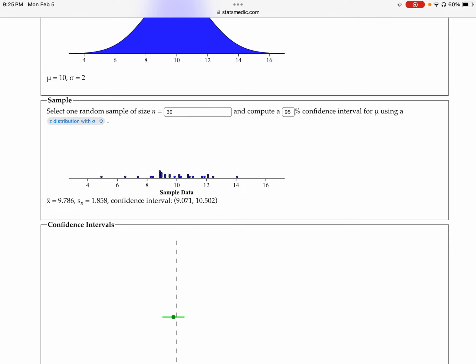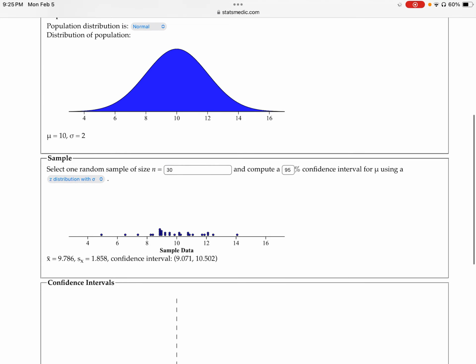So it showed you the 30 random data points, the dots. It showed you for those 30 dots X bar. It got 9.786. So it was below the parameter because the parameter is 10. And it showed you S of X 1.858, the standard deviation for that sample.